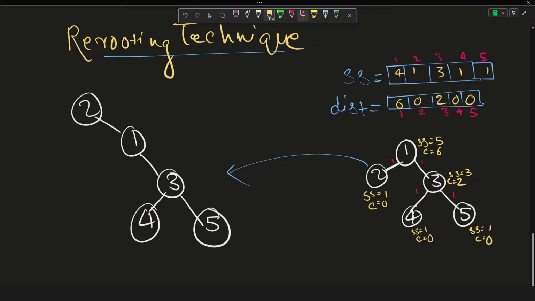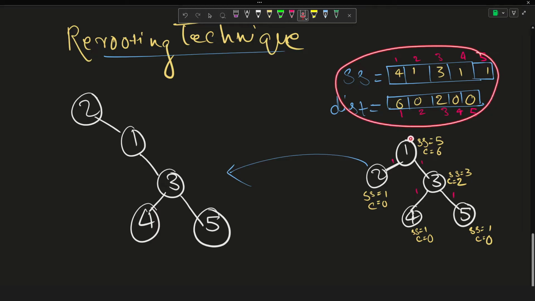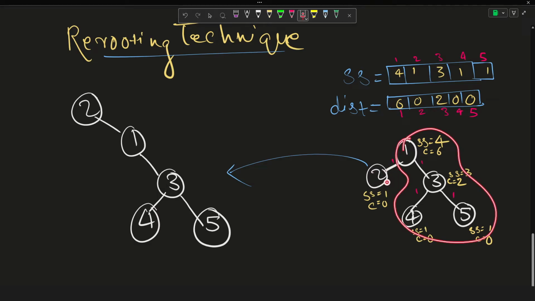So now it means that these 2 arrays no longer correspond to the old tree, but instead correspond to this tree only. You can match them up also, because, and yeah, I forgot to do this, the subtree size of 1 has become 4 now. That is, it only corresponds to this part and does not include 2 anymore, right?